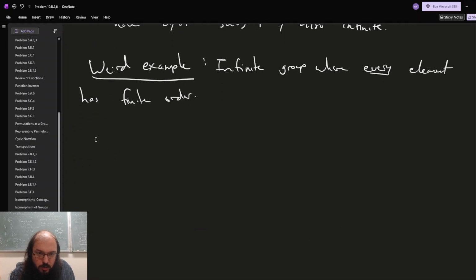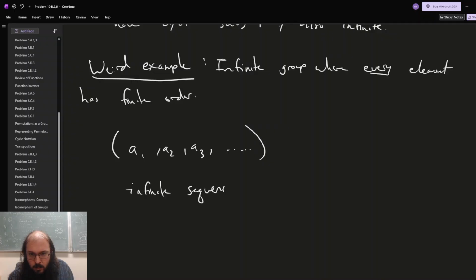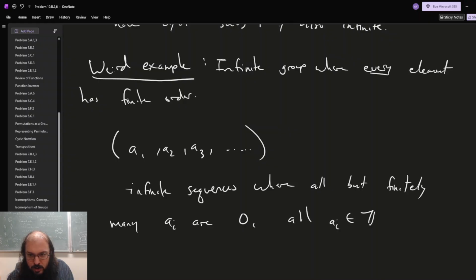The group is constructed by infinite tuples where all but finitely many a_i are 0, and all a_i belong to the same Z mod nZ.